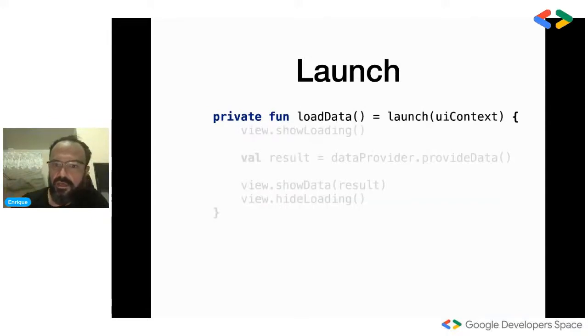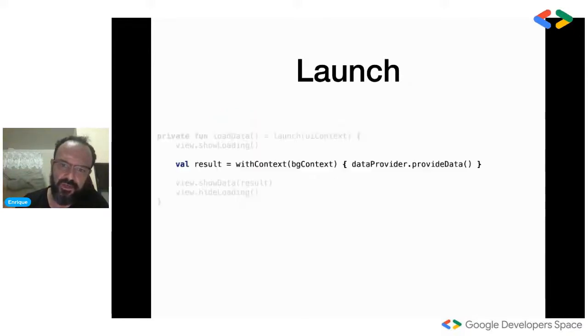So if we add after our function the launch, specifying the UI context, that's going to launch our coroutine on the UI context dispatcher. Here we see that the result, which is very likely taking the data from our database, is using withContext on the background context.